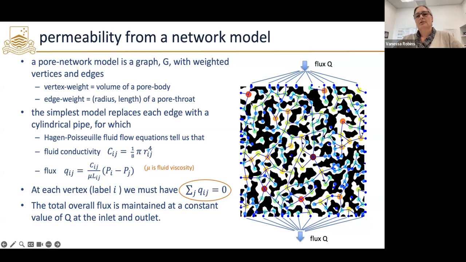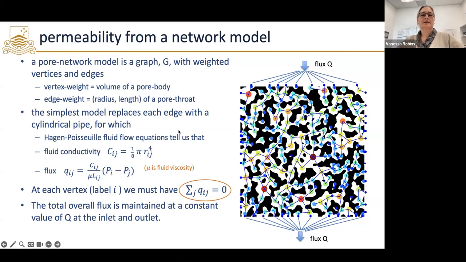Yeah, possibly they could if it was a very, very long and tortuous kind of throat. But I think because the geometric structure is so rough, it's always the case that the throats get broken up into small pieces. So all the volume is considered to lie in the pore body, and the edge weight is just telling us about the constriction, the narrowest point of that throat.